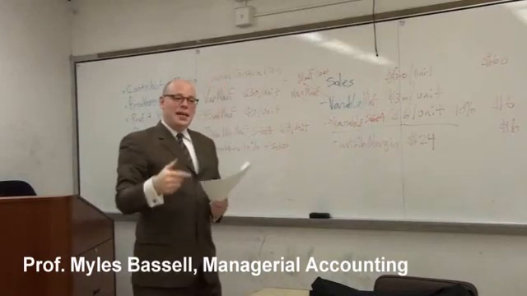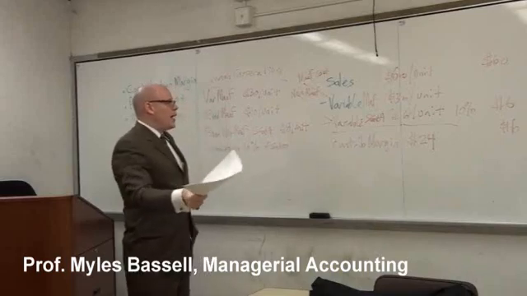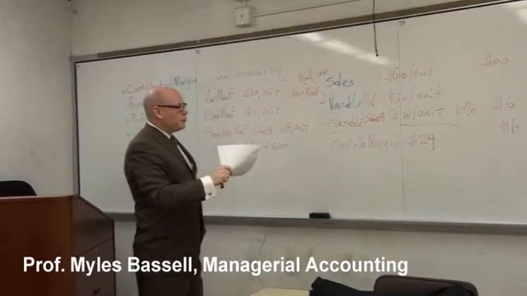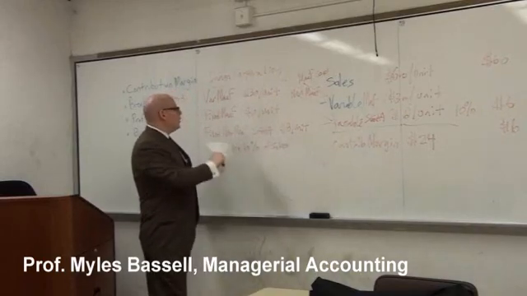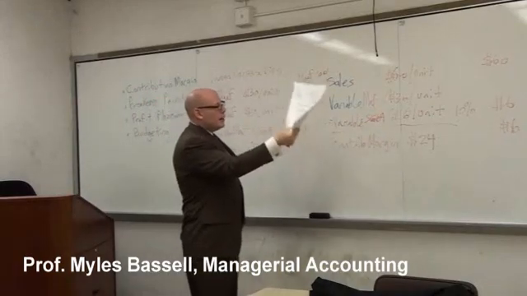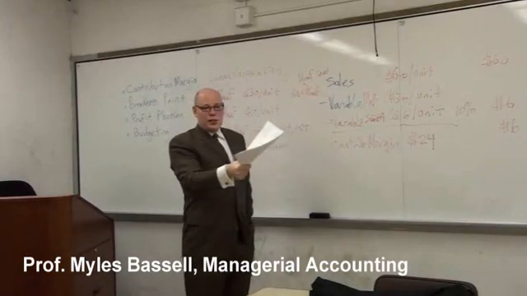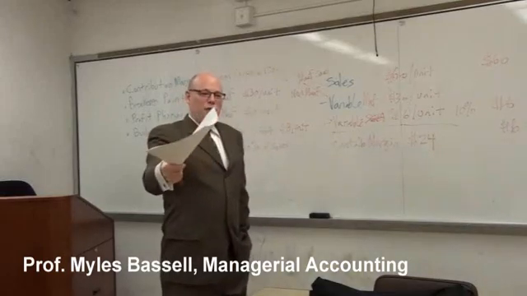Right, we need to look at it at the unit level. But you're right, depending on the level of activity, we're going to have to multiply that by the number of units. I know what you're saying, it's fixed.